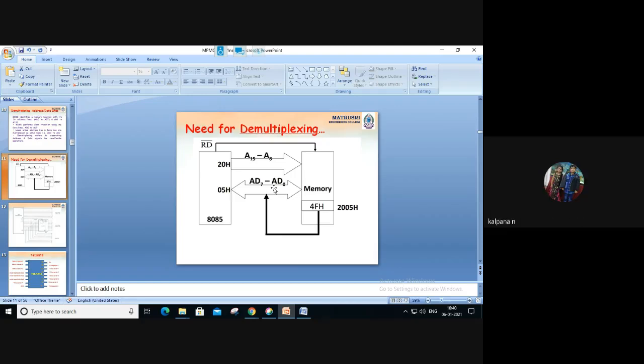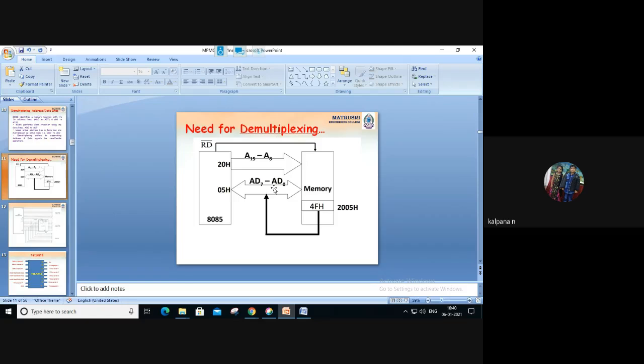Yes, ma'am. Okay. So we cannot connect AD0 to AD0, AD1 to AD1, AD2 to AD2, like that. So what we need to do? We need to separate A from AD. AD is called multiplexing. Now we need to separate, so what word do we use?